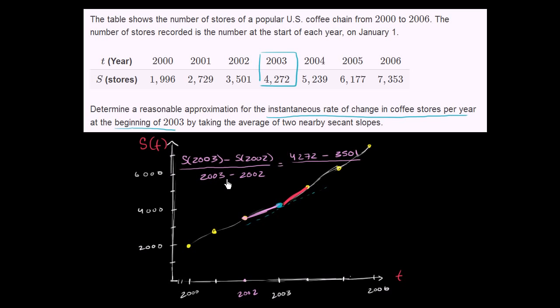It's going to be that over, well, the denominator is just 1. So this is going to simplify to, let's see, I could do a little bit of math on the side here just so I don't make a careless mistake. Minus 3,501. 2 minus 1 is 1. 7 minus 0 is 7. 42 minus 35 is 7. So this is equal to 771. So their average rate of change from 2002 to 2003 was 771 stores per year.